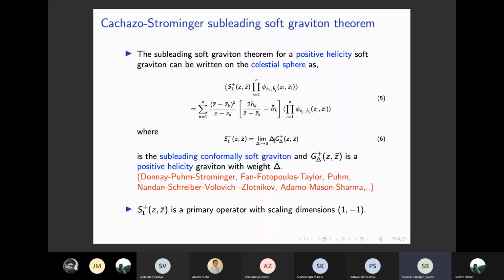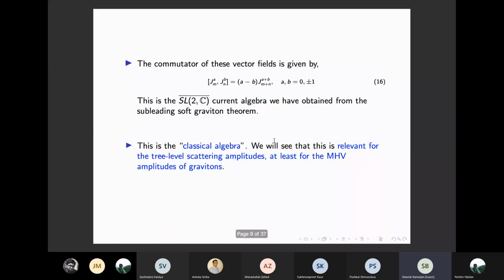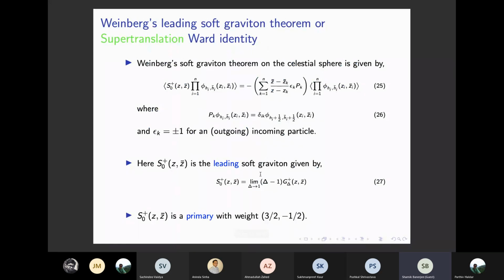Similarly here, I have multiplied by a factor of delta minus 1 because you get a pole at delta equal to 1. And these are the soft poles.